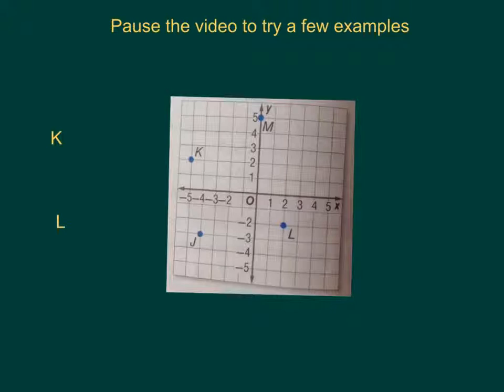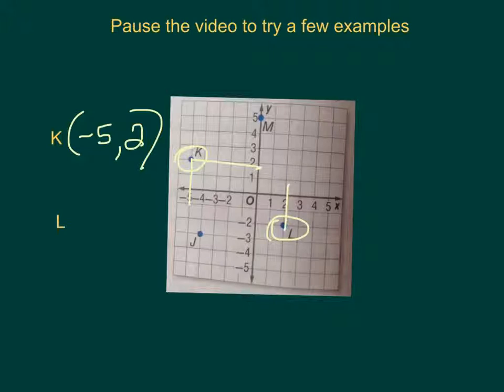The ordered pair for point K would be (-5, 2), and the ordered pair for L would be (2, -2).